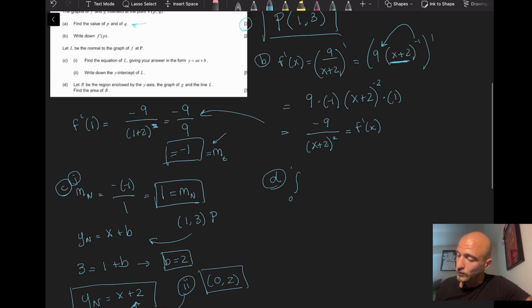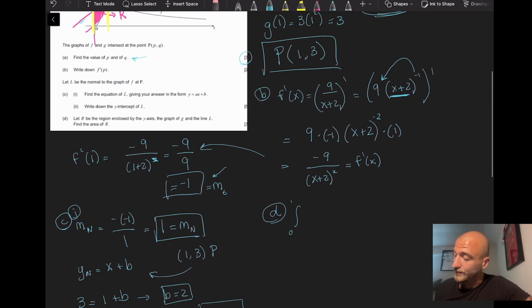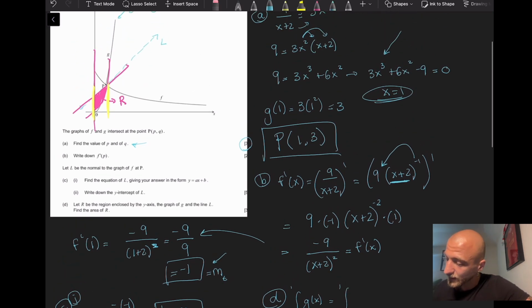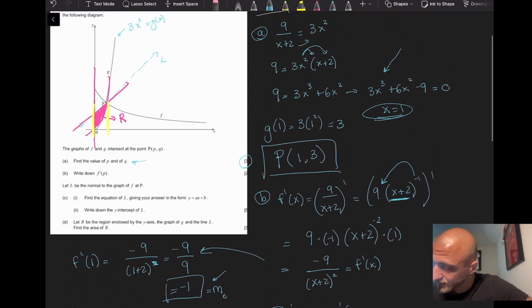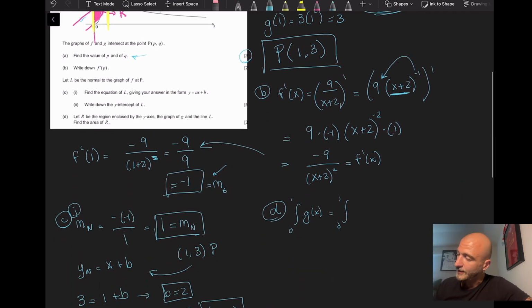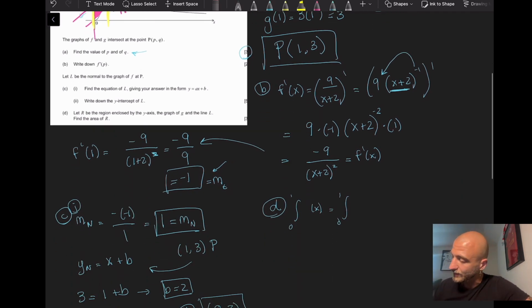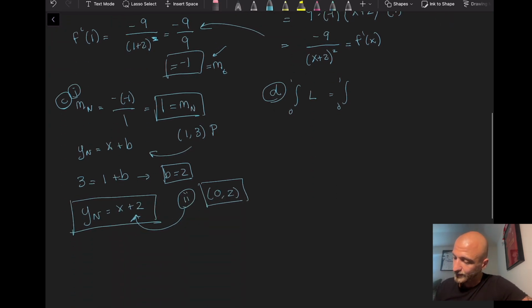Okay, what are we taking the integral of? Well, if I took the integral of just g of x, the integral from 0 to 1 of, what was g of x again? Oh, not g of x, sorry, L. If I took the integral of just L, which we calculated earlier, the equation for L from part C is x plus 2.